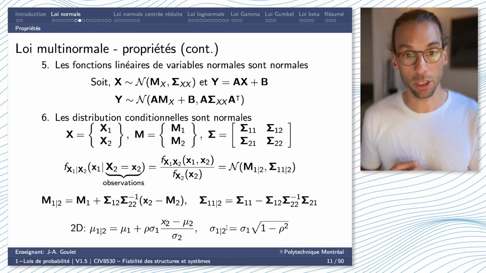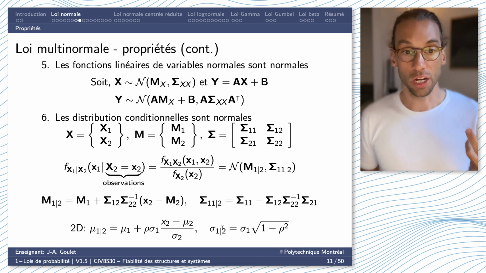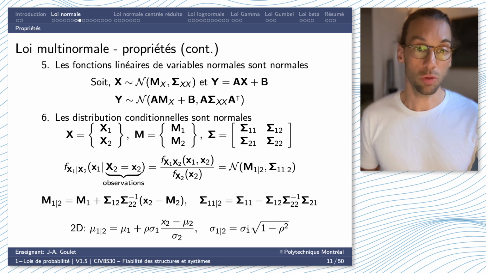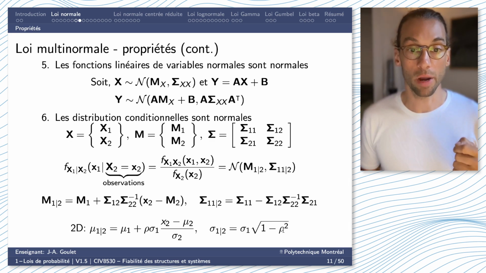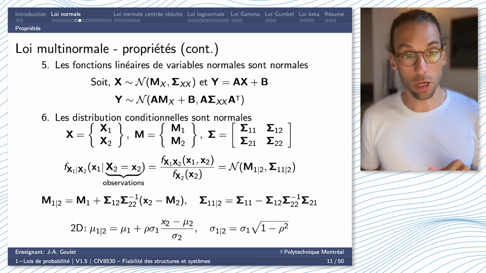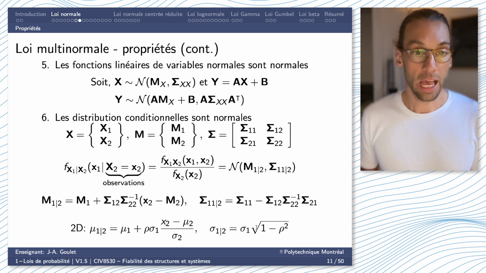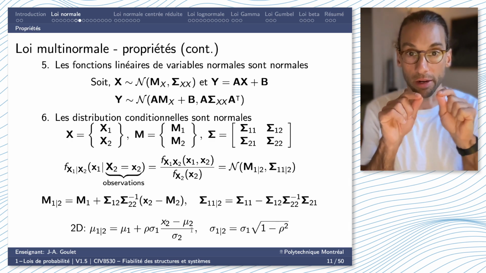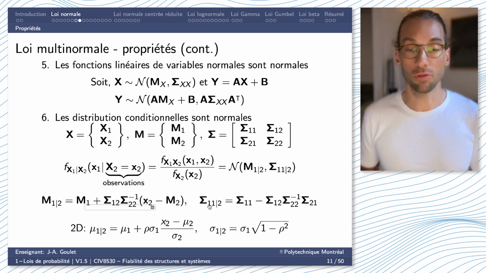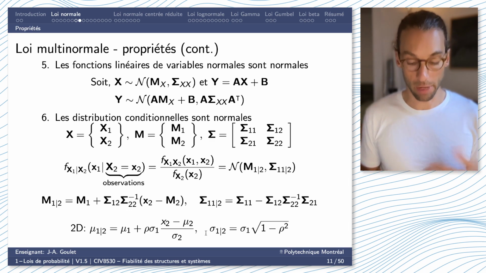And for my conditional standard deviation for x1, knowing that I've observed x2, it's sigma 1 times the square root of 1 minus rho squared. Note that the conditional mean depends on the actual value we observe. The conditional standard deviation is independent of it. And these are for the univariate case. This is the general case for an arbitrary number of dimensions.